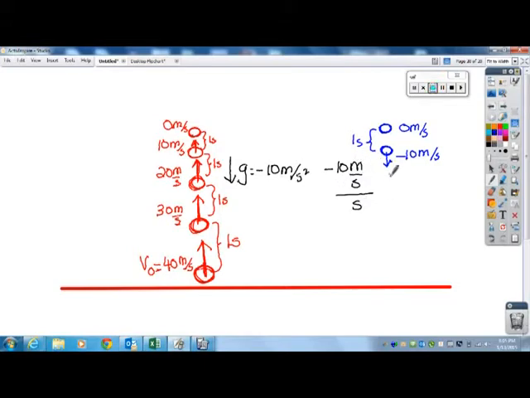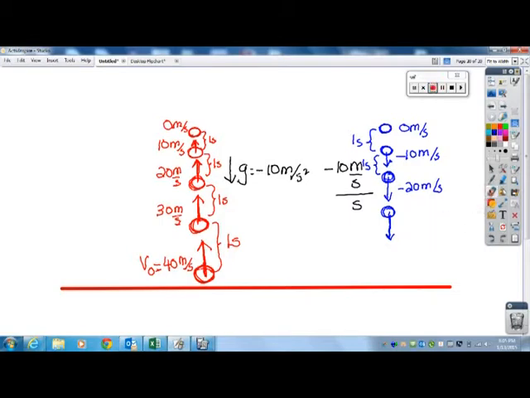1 more second later, the ball has a speed of negative 20 meters per second. And another second later, this will continue to happen. So 1 more second later, the ball is going to have a speed of negative 30 meters per second.